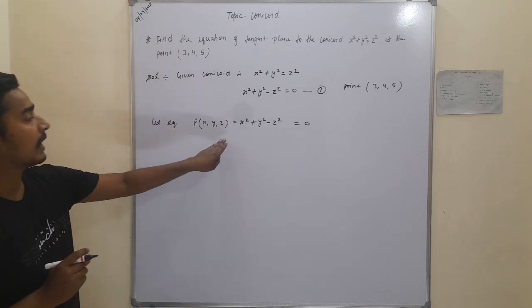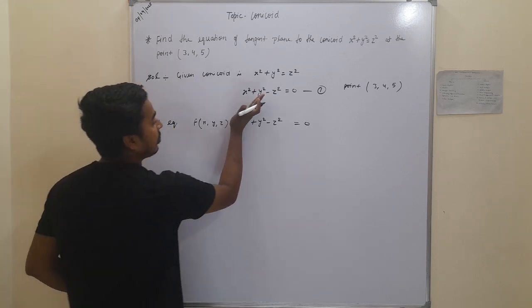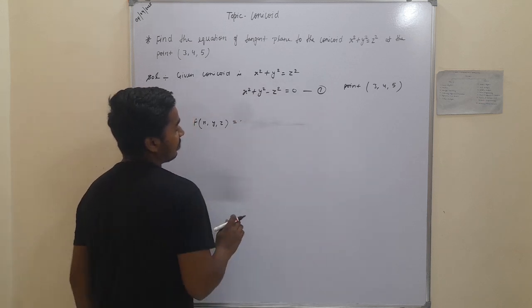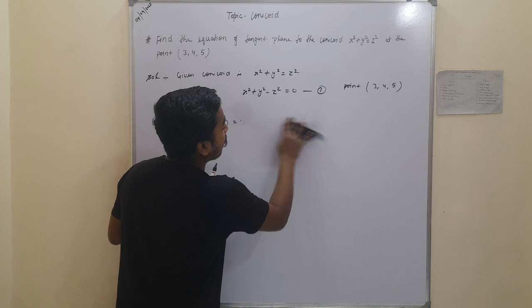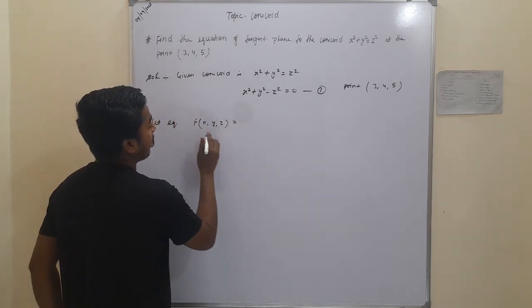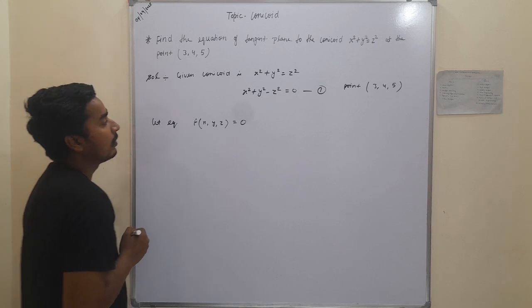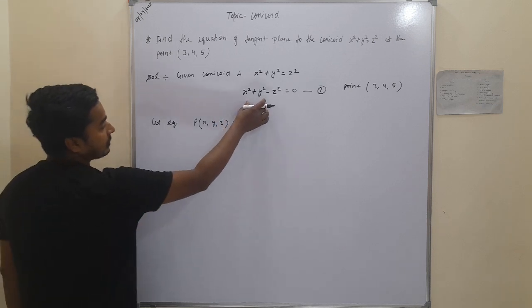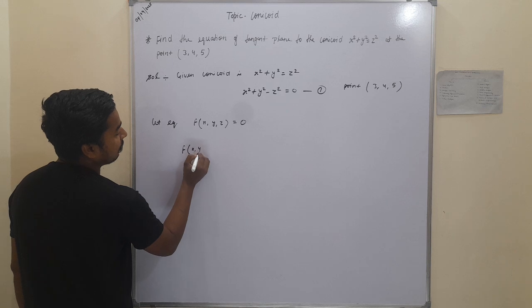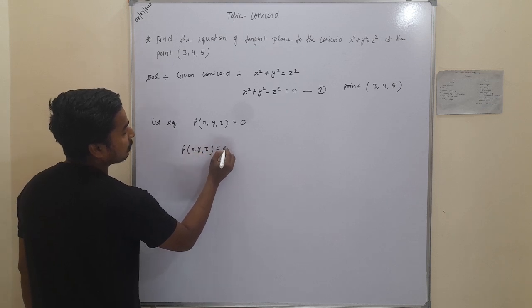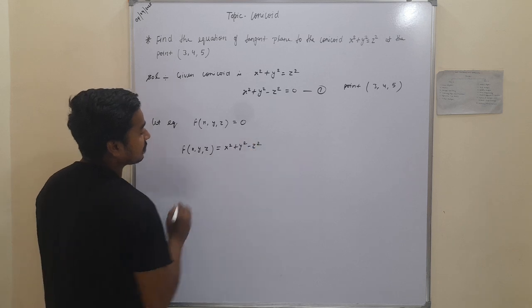Once again, we take this equal to 0. Let the function f of x, y, z be equal to x square plus y square minus z square.